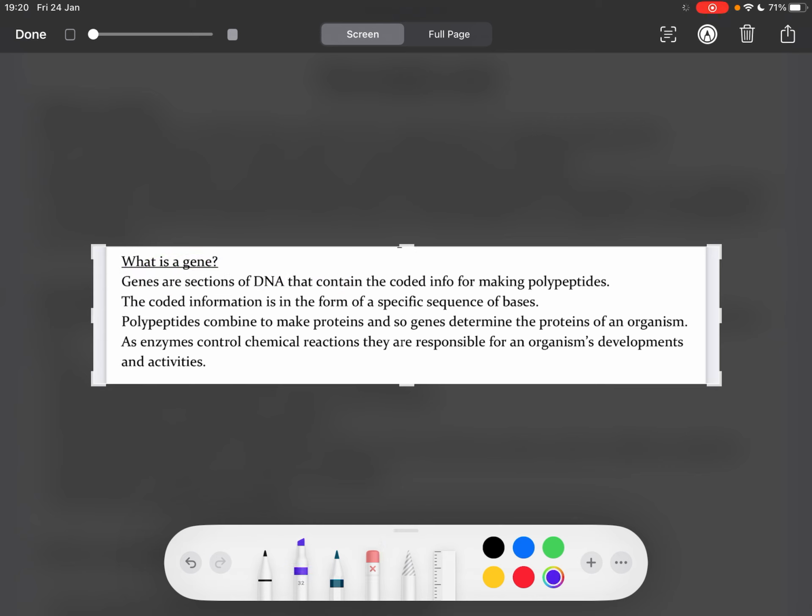But again, what is a gene? Genes are sections of the DNA that contain the coded info for making polypeptides. So the coded info is in the form of a specific sequence of bases.